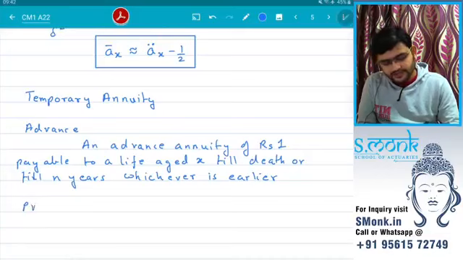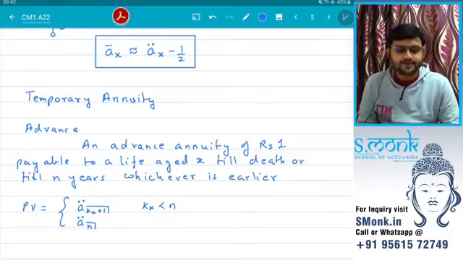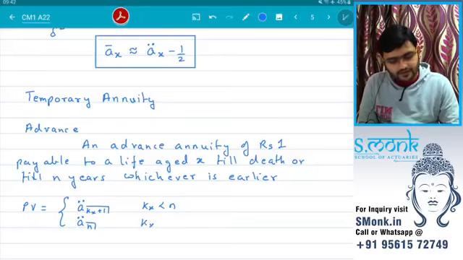So here our present value will be a due K x plus 1 if K x is less than n years, and we'll have a due n, because exactly till n years the payment would be given, if K x is greater than or equal to n.